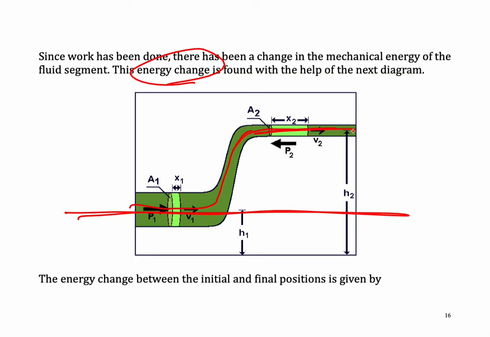If water could flow to a higher level like this one, it will have higher potential energy because the height is different. The kinetic energy is the energy that comes from the velocity of the fluid itself.